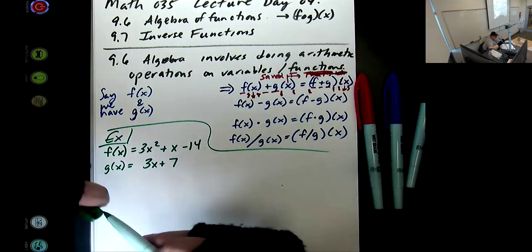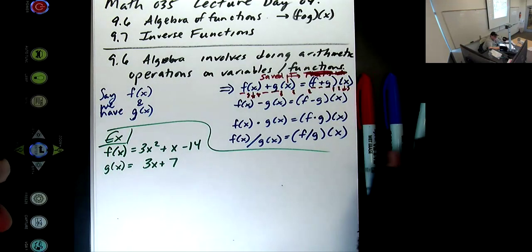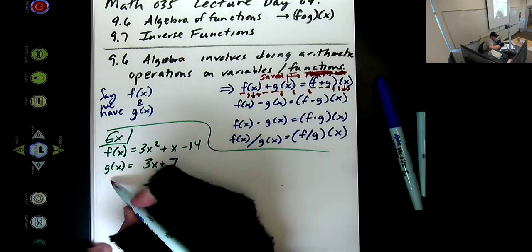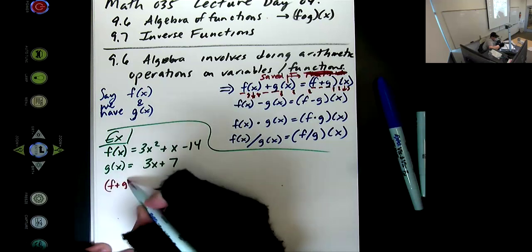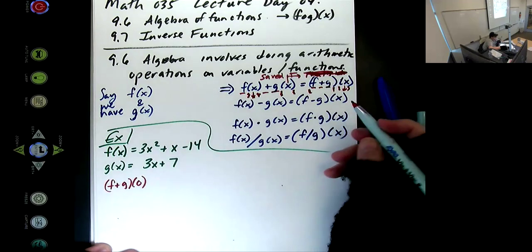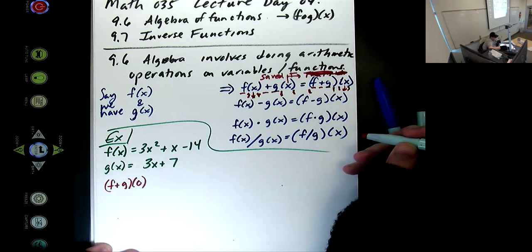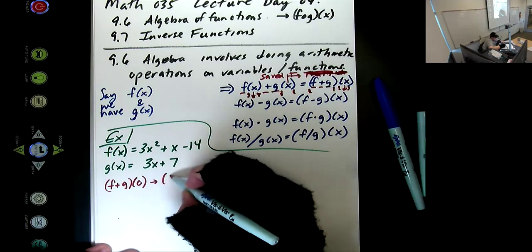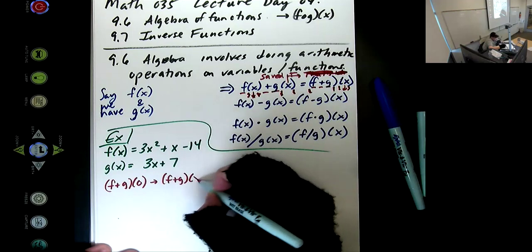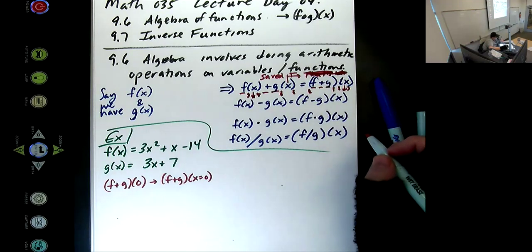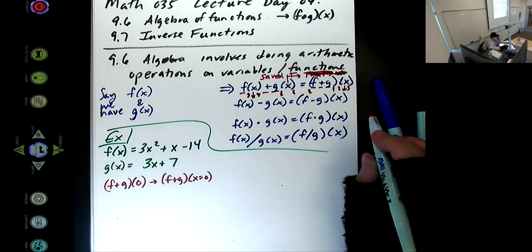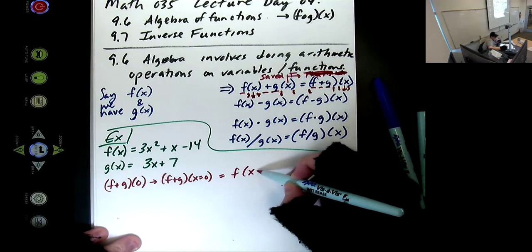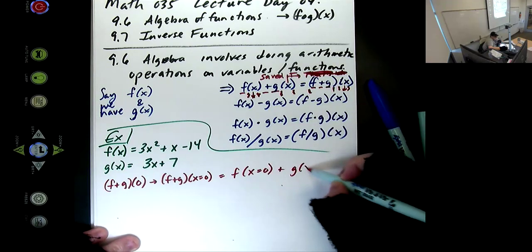So let's say I wanted to find f plus g of 0, which really means f plus g where x equals 0. Your job is to remember that this means f of 0 plus g of 0.